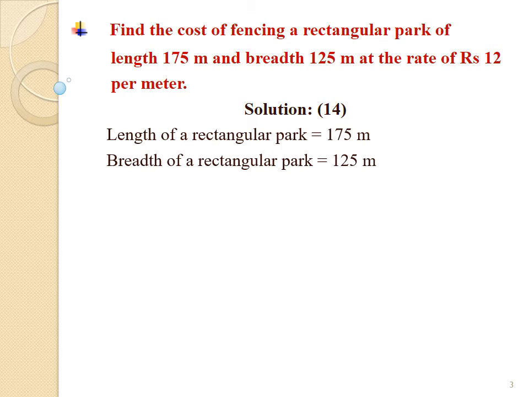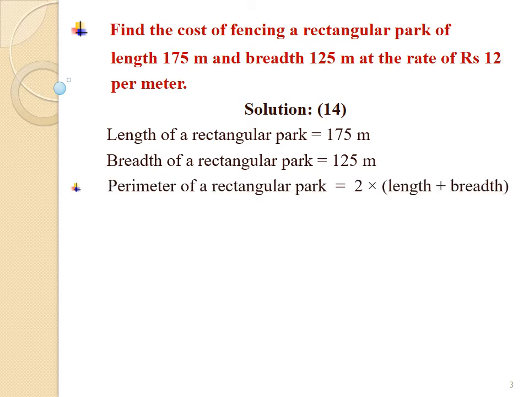Thus, the perimeter equals 2 multiplied by length plus breadth, equals 2 multiplied by 175 plus 125.